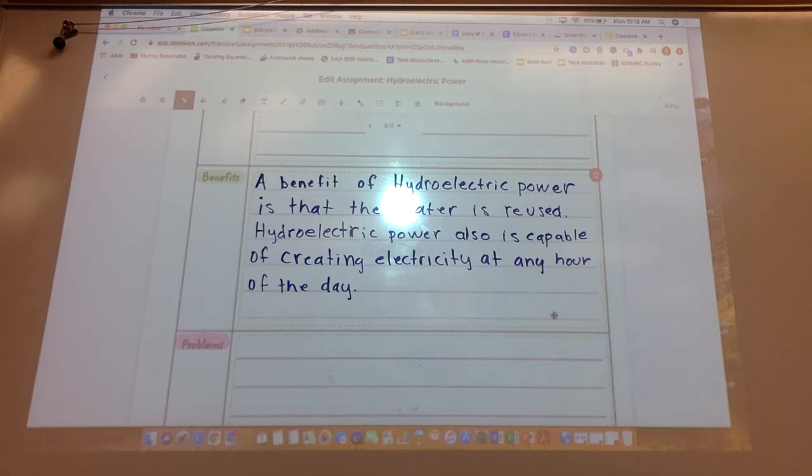Okay, hydropower fast facts. It's the cheapest way to generate electricity today. Once a dam has been built and the equipment is in place, the source of energy, flowing water, is free. Several countries, including Canada, Brazil, New Zealand, and Switzerland, produce the majority of their electricity through hydropower.